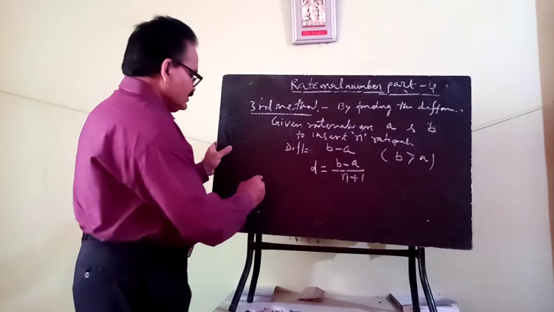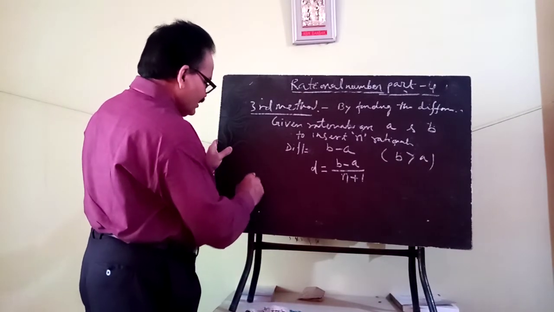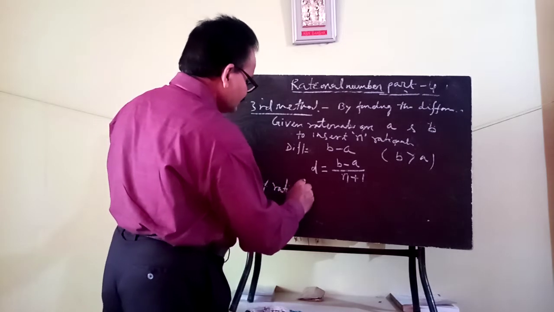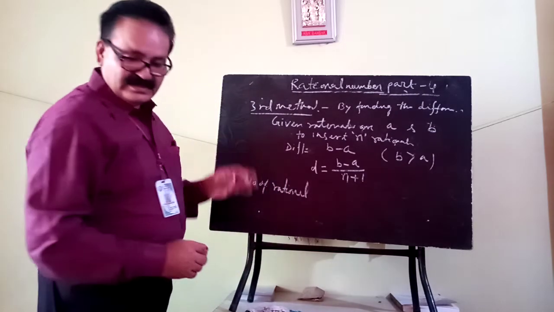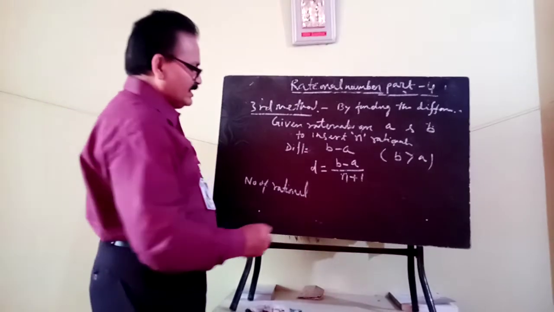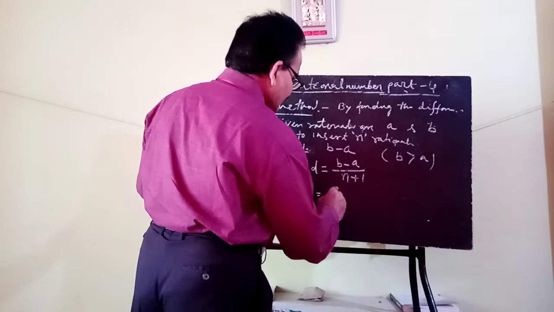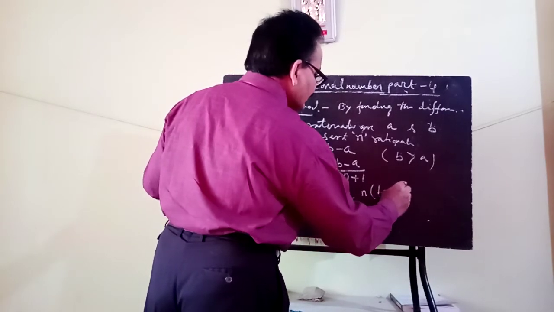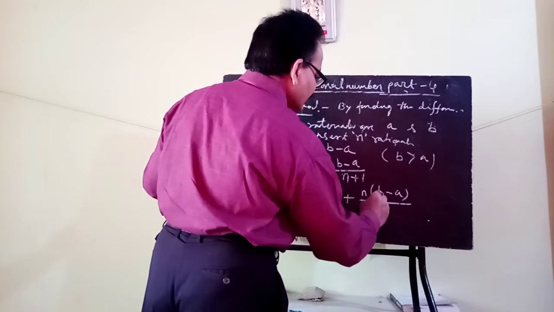So now the rationals inserted in this case is A plus n into (B minus A) by (n plus 1).